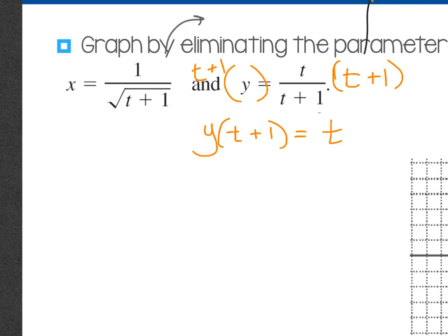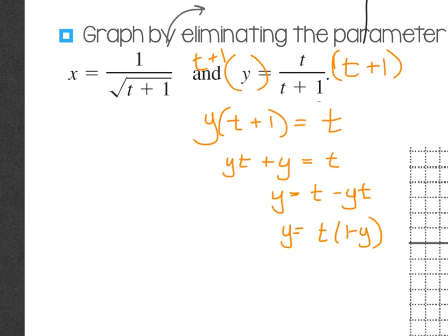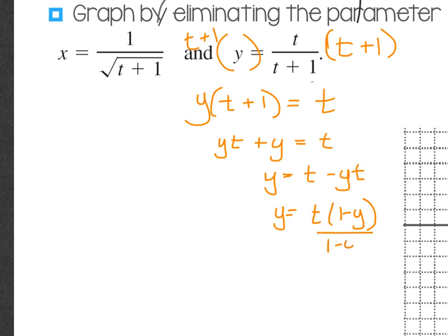And then I've got to distribute the y, so I get yt plus y equals t. I've got to get both t's to the same side, so I get y equals t minus yt. Factor out the t. And then divide both sides by 1 minus y.